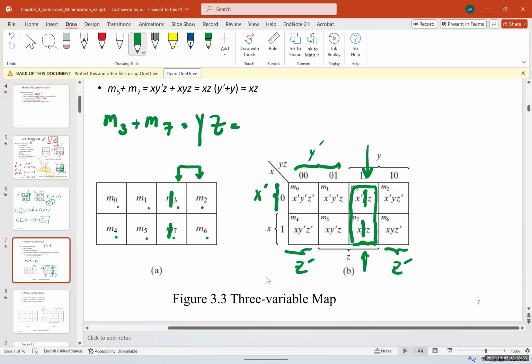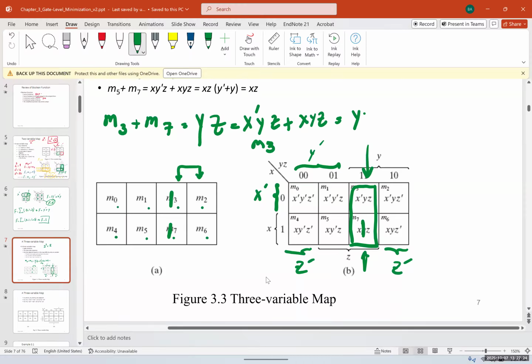And if I write the Boolean algebra as well, it's going to be the same. M3 is equal to X prime Y Z, and M7 is equal to X Y Z. So we can write it like this.